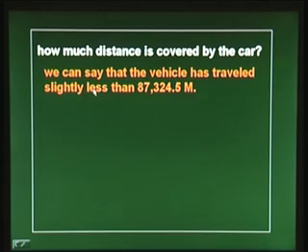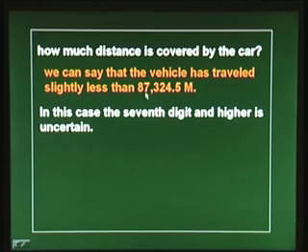It's slightly less than 0.5, say 87,324.5 miles or kilometers. So in this case we have 1, 2, 3, 4, 5, 6 digits; the 7th digit is completely uncertain. We don't know what it is.